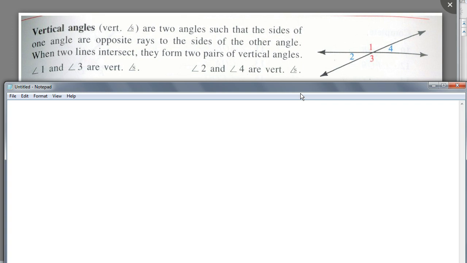Guess what's going to tell us that the vertical angles are congruent? Anybody want to take a wild guess here? Just like yesterday, the definition may not say this. The definition does not tell us that the vertical angles are congruent, but guess what's going to tell us? Because that's what we're going to talk about next.